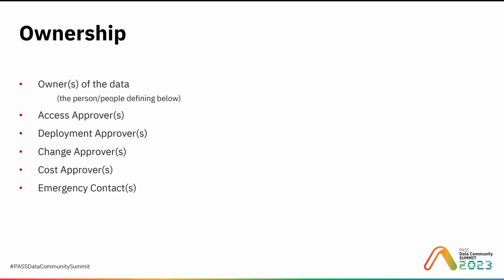Who is the contact in case of an emergency? Something's wrong with the database. Who should we wake up? Who should get notifications? Like, we are planning on doing an extensive index rebuild this weekend. Who wants to get that message? And for alerts, database is down. Who should we wake up if something's wrong?